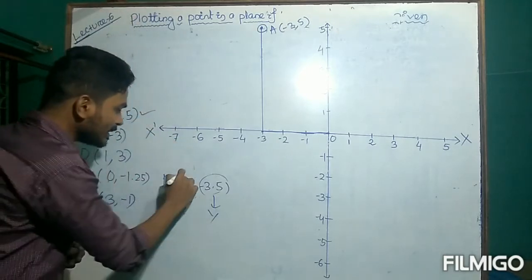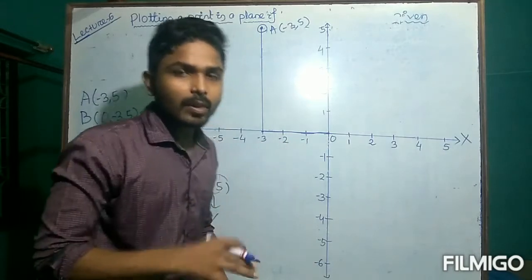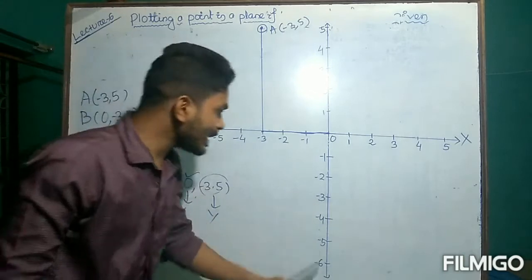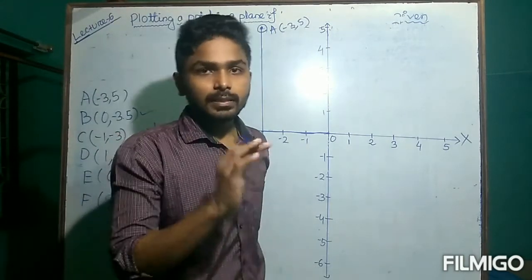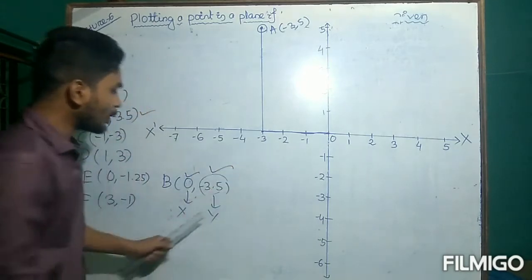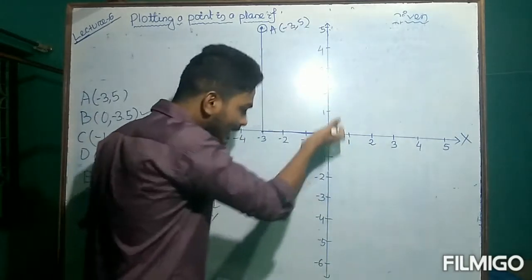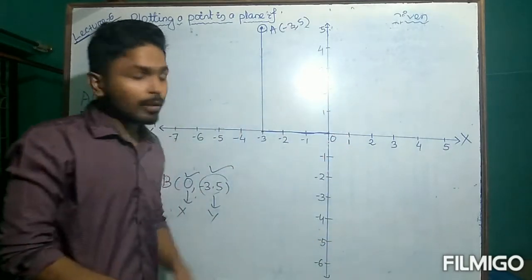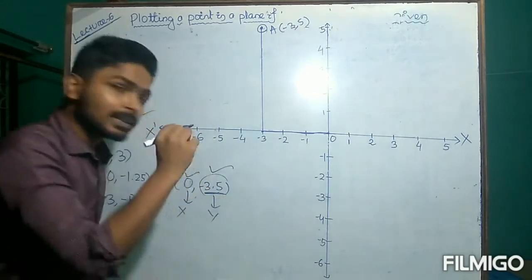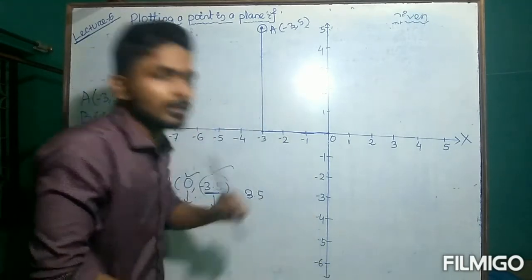Now you see, the x coordinate is 0. Since the x coordinate is 0, it suggests that this point should lie on the y-axis. Now it is confirmed. Secondly, look at the y coordinate. The y coordinate has a negative value. That means the point should lie towards the bottom of the y-axis, and we have to cover 3.5 units in the negative direction.